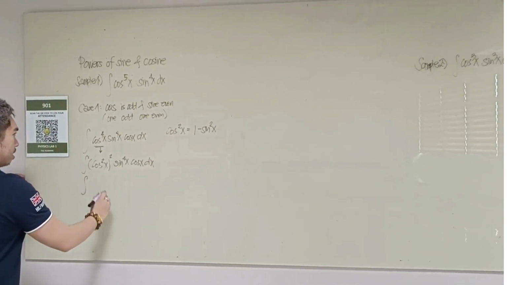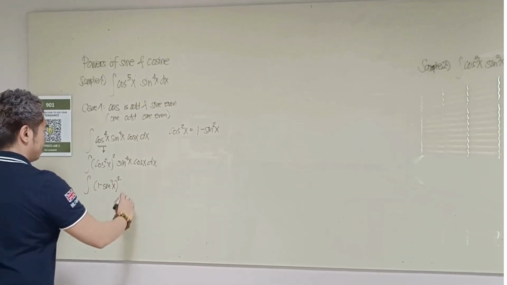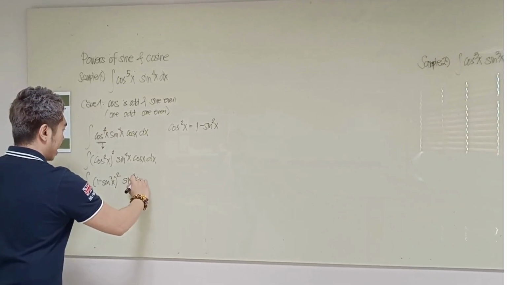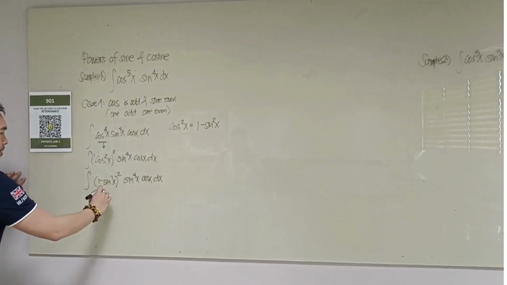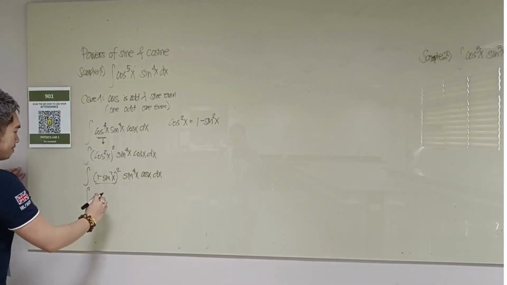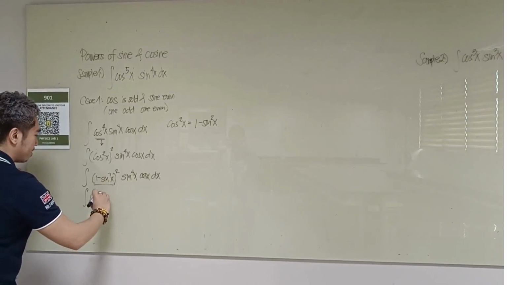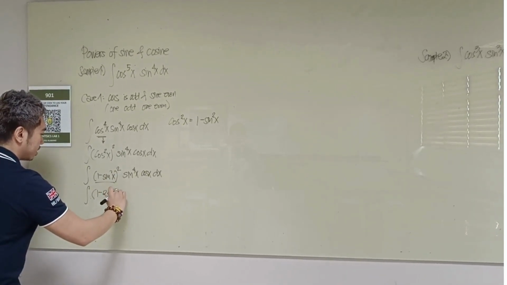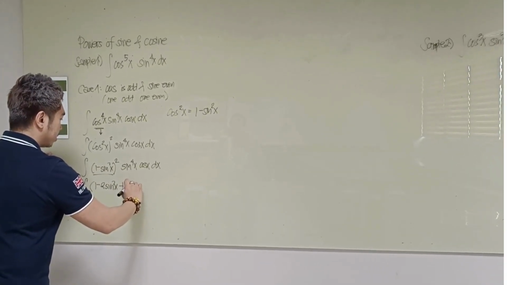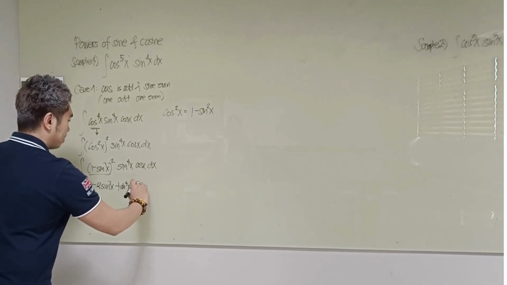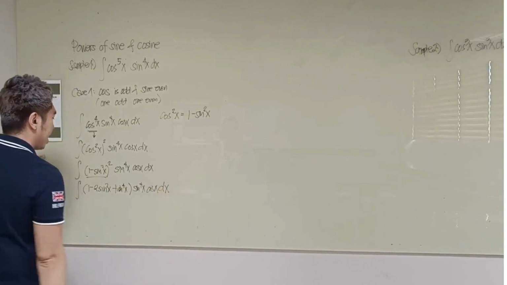So we have the integral of 1 minus sine squared x, quantity squared, times sine raised to 4x cosine x dx. Then let's expand this. We have 1, then negative 2 sine squared x, then the square of the last term, so positive sine raised to 4x, multiplied by sine raised to 4x cosine x dx.